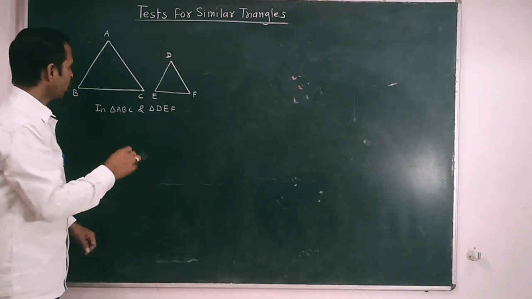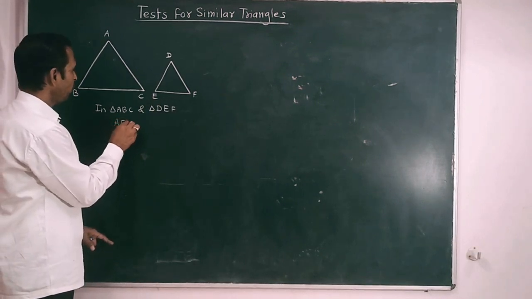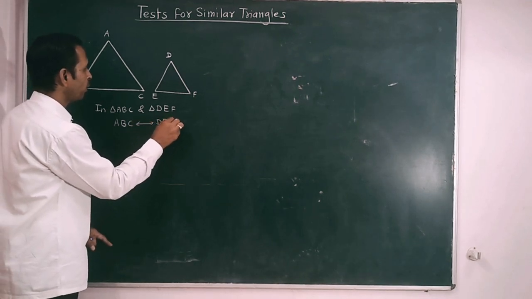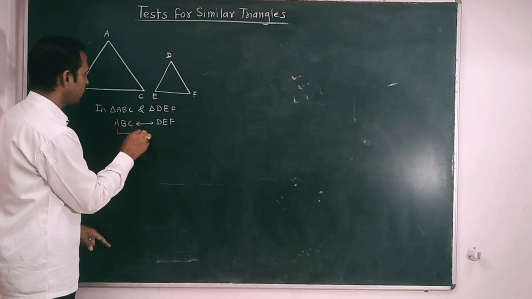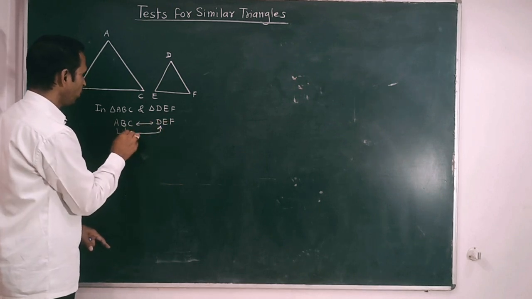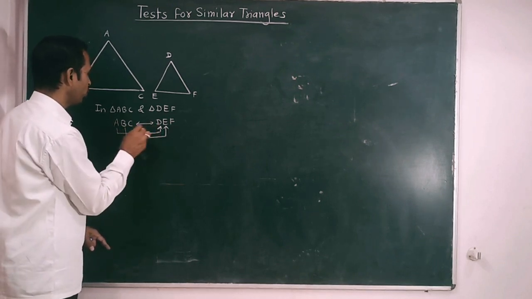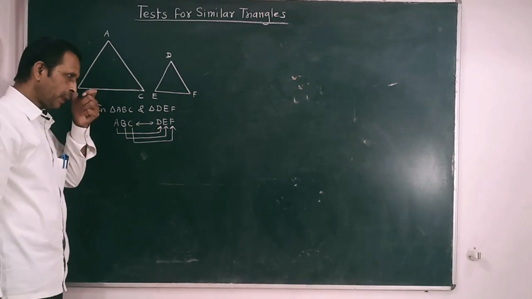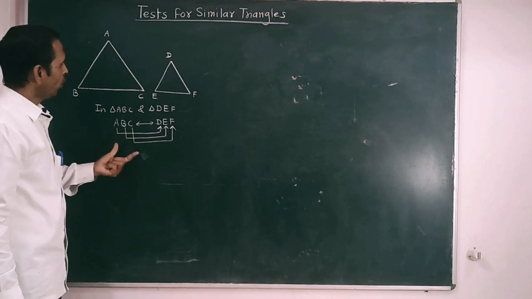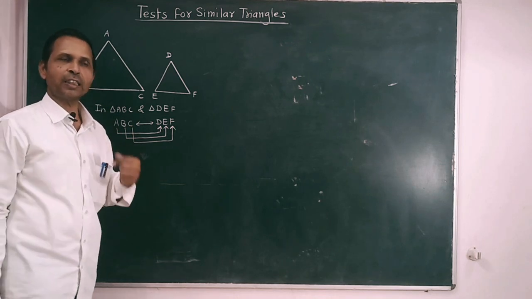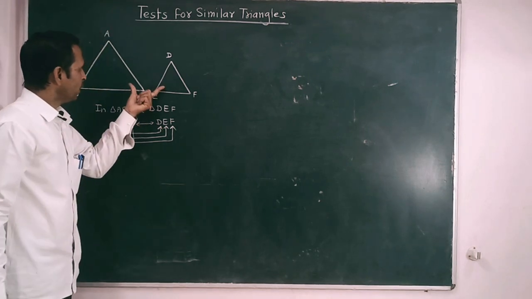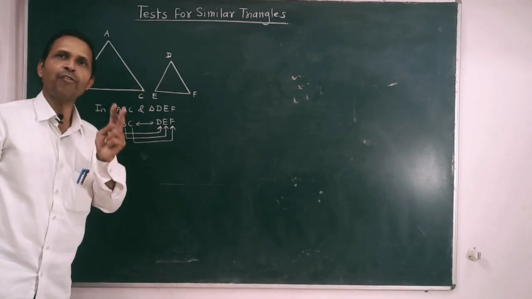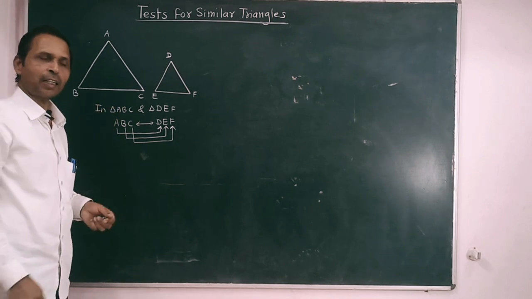By one-to-one correspondence, ABC corresponds to DEF, meaning vertex A corresponds to D, vertex B corresponds to E, and vertex C corresponds to F. By this correspondence, there are 2 conditions for similar triangles. If these 2 triangles are similar, then these 2 conditions are satisfied.